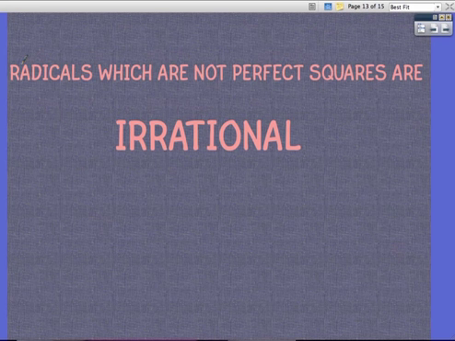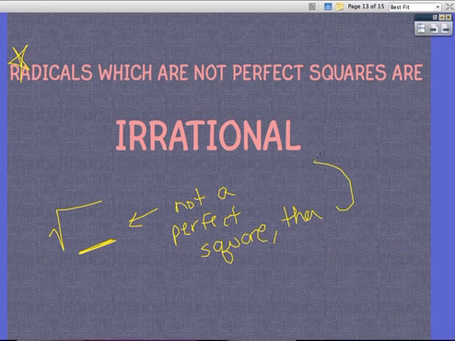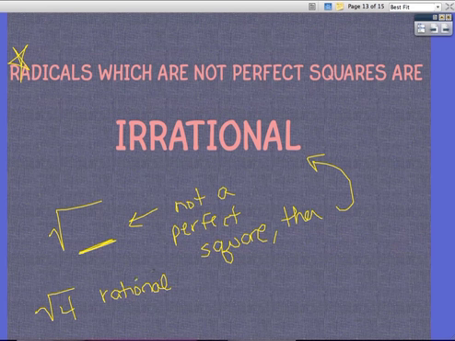This is very key. Radicals that are not perfect squares. When the radicand, what's underneath the radical, is not a perfect square, then it's irrational. So in the case where square root of 4, this is a perfect square, so it's rational.